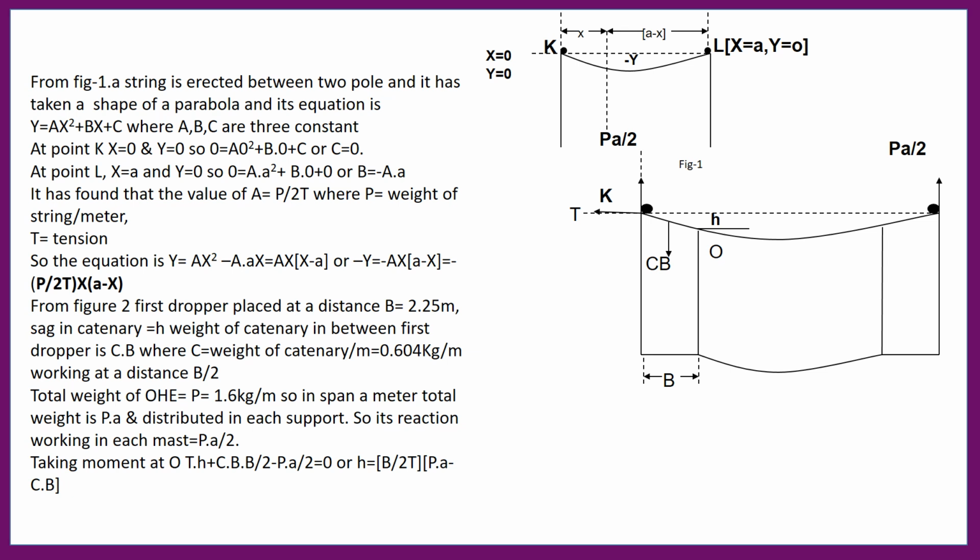Now at point K, x is equal to 0 and y is also 0. So if we put this in the formula, we can find out the value of c. C is equal to 0. A, B, C are three constants. Next, at point L, x is equal to a and y is equal to 0.